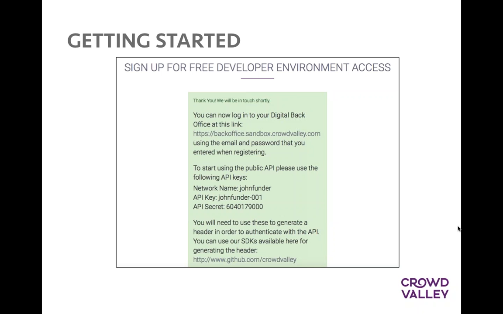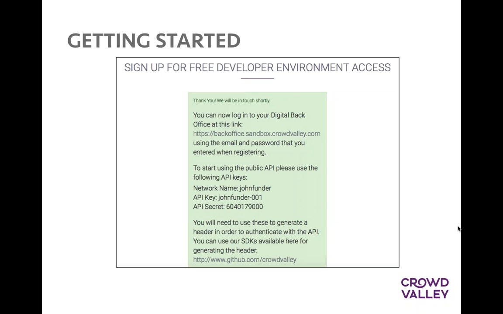You can see the link there, backoffice.sandbox.crowdvalley.com. You can go to that link and use the email and password that you just entered, and you'll be able to see an admin portal which is already up and running for you, and I'll show you what that looks like in a minute. It also gives you the credentials for using our API as well.